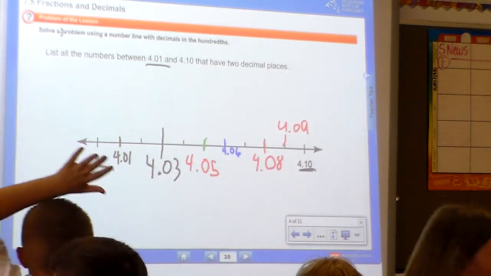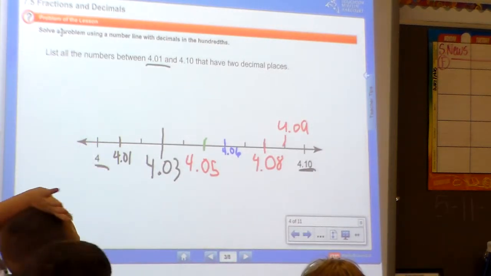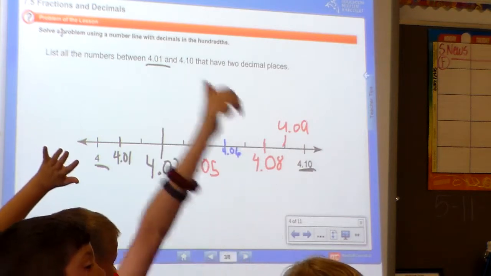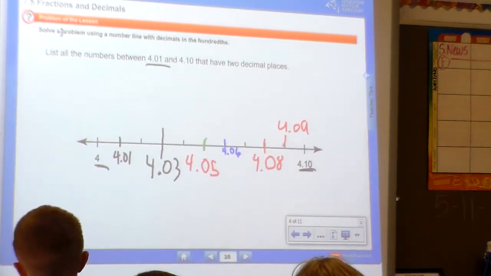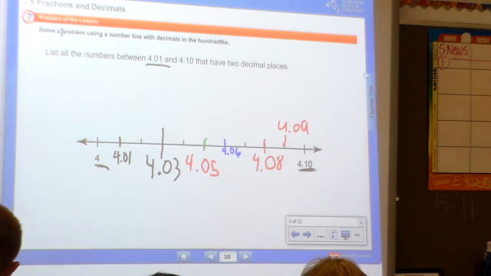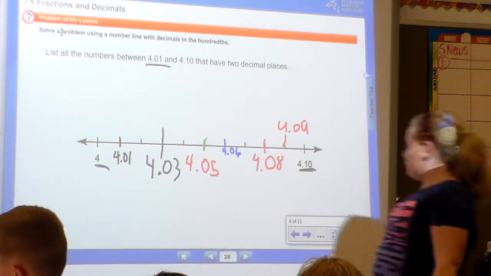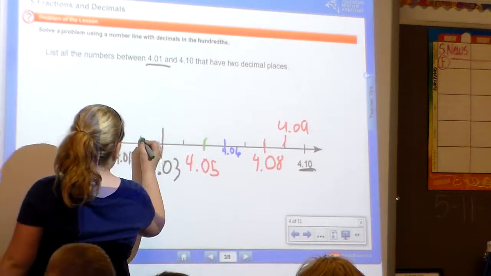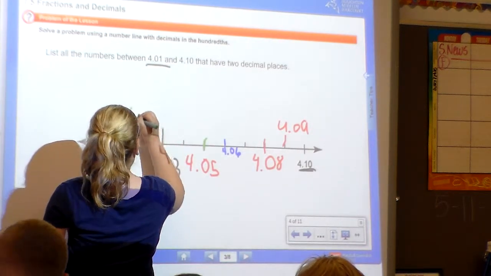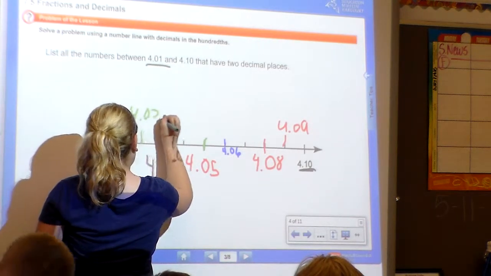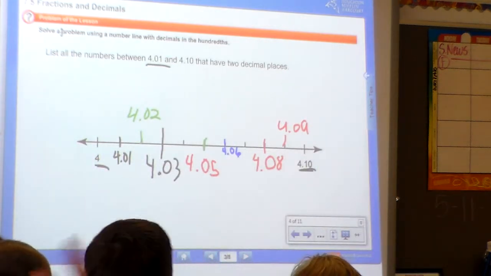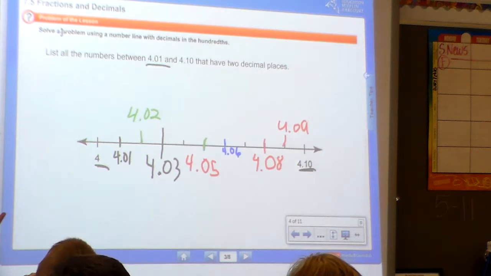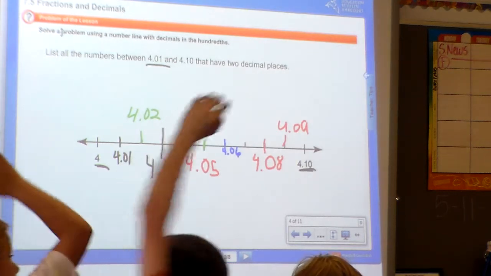Is there anything else that we can fill in that still fits the requirements? Okay. Diana? Very good, Diana. If there's more to fill in, I'll gladly take some volunteers.